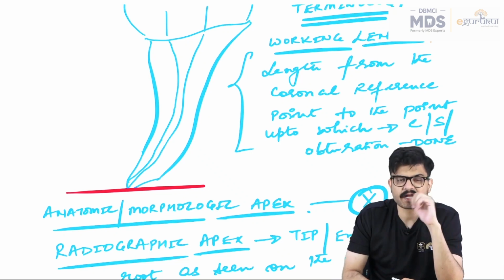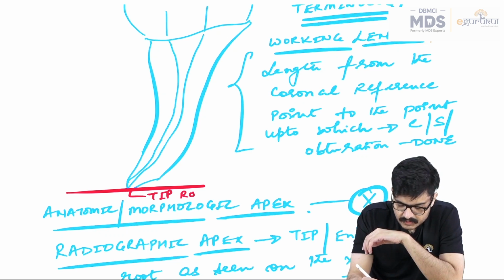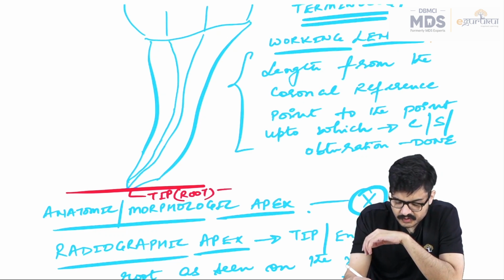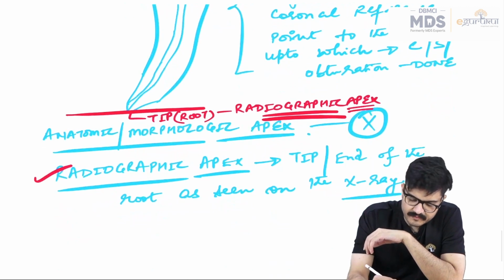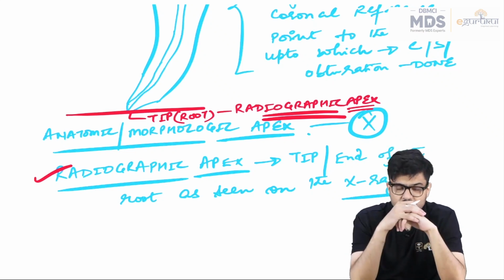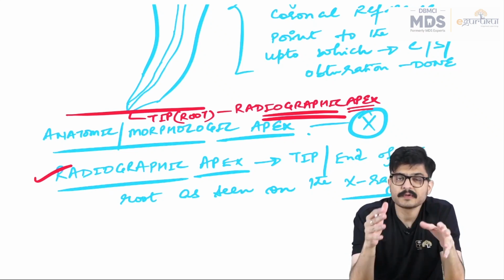Simple. This is the radiographic apex level. Why? Because this is my tip of the root. Tip of the root. So this would be my radiographic apex. This obviously is important in understanding the concept of working length.